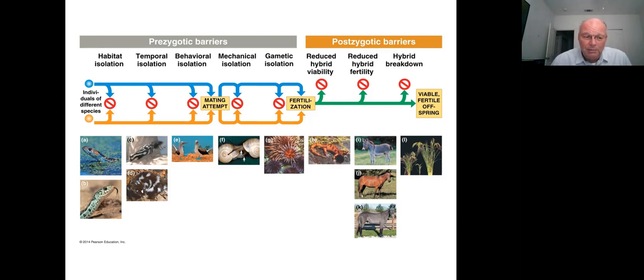probably gave rise to the Neanderthals and the Denisovans, and probably the Homo floresiensis, which occupied the island of Flores in the Indonesian archipelago. You may have heard of them as the hobbits. These are dwarf humans, real dwarf humans.